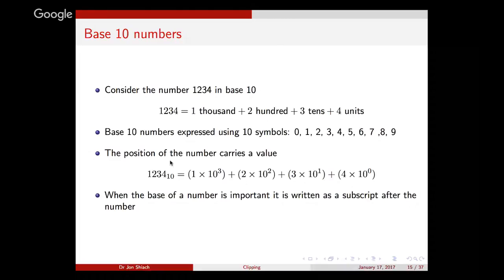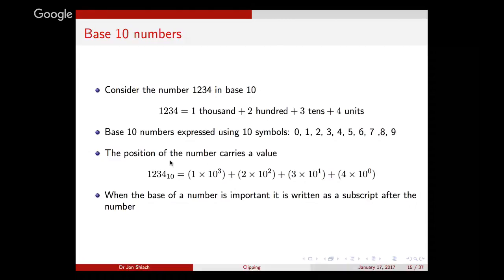Okay, consider the number 1234 in base 10. Dead easy for you, you know what it is. Back in primary school, you learned that you had units, tens, hundreds, and thousands. And that's how we have a value. That's how we express numbers in base 10. We have 10 symbols to express our numbers.